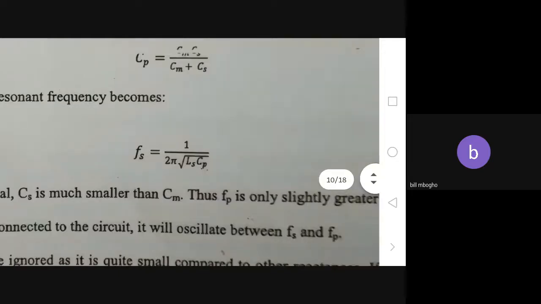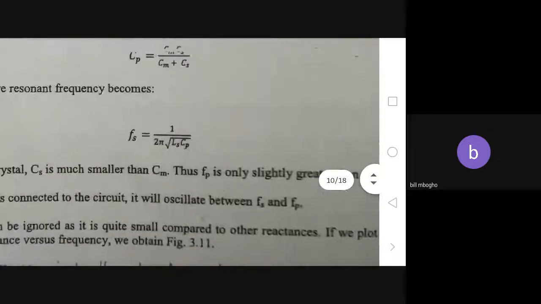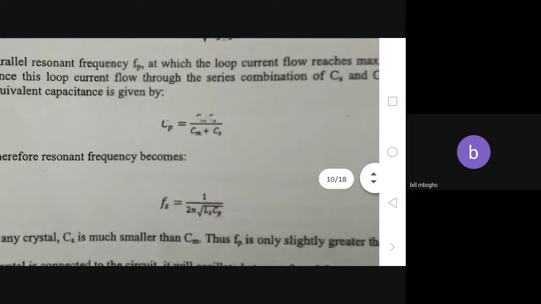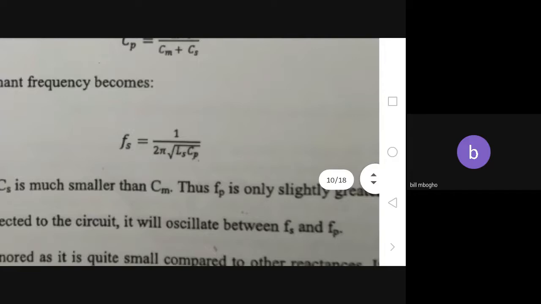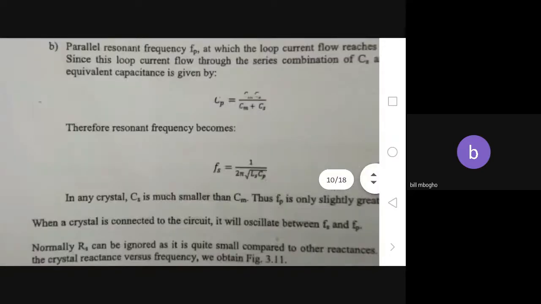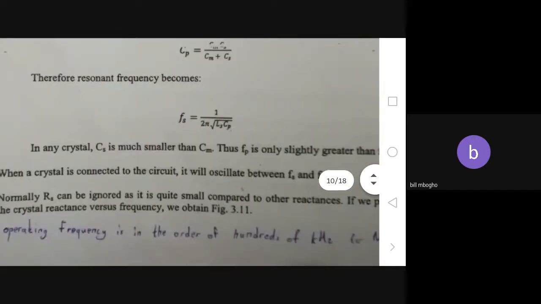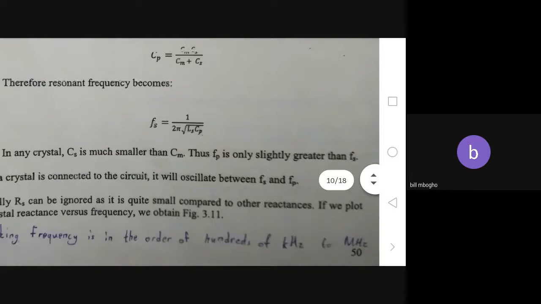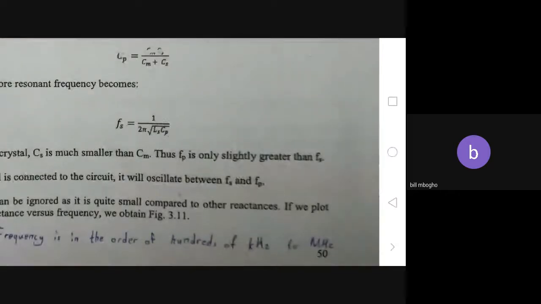Then the parallel frequency, Fp, should be there instead of Fs, is equal to 1 over 2 pi root LS CP. There's a note down there: in any crystal, CS is much smaller than CM, thus Fp is only slightly greater than Fs.